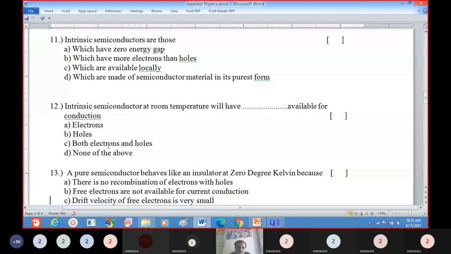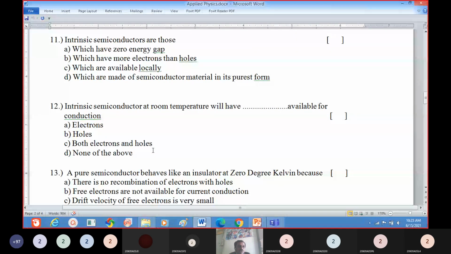At very low temperatures there are no charge carriers, but at room temperature there is sufficient energy for the semiconductor to conduct. So both electrons and holes will be present in an intrinsic semiconductor at room temperature.